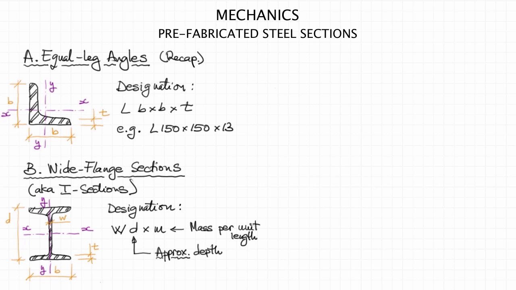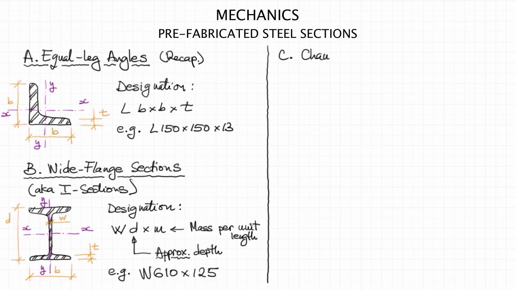For example, one such beam would be W610 by 125. So 610 approximate depth in millimeters, 125 kilograms per meter would be its weight. It's mass per unit length, actually, not weight.